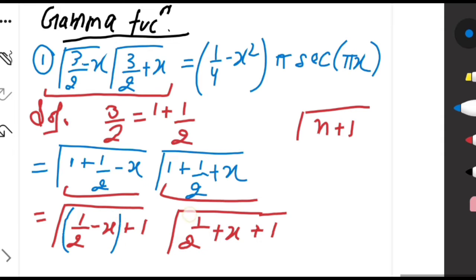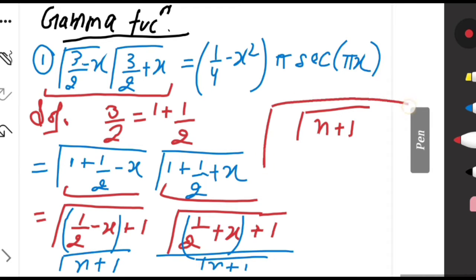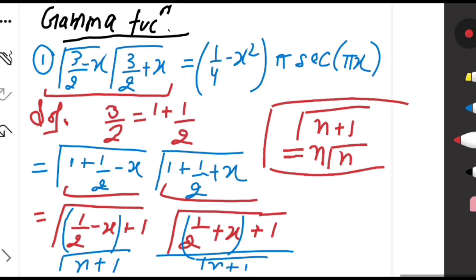As you can see, this form is gamma n plus 1, where n is equal to half minus x, and the same with the other, where n is equal to half plus x. So this formula is equal to n gamma n.